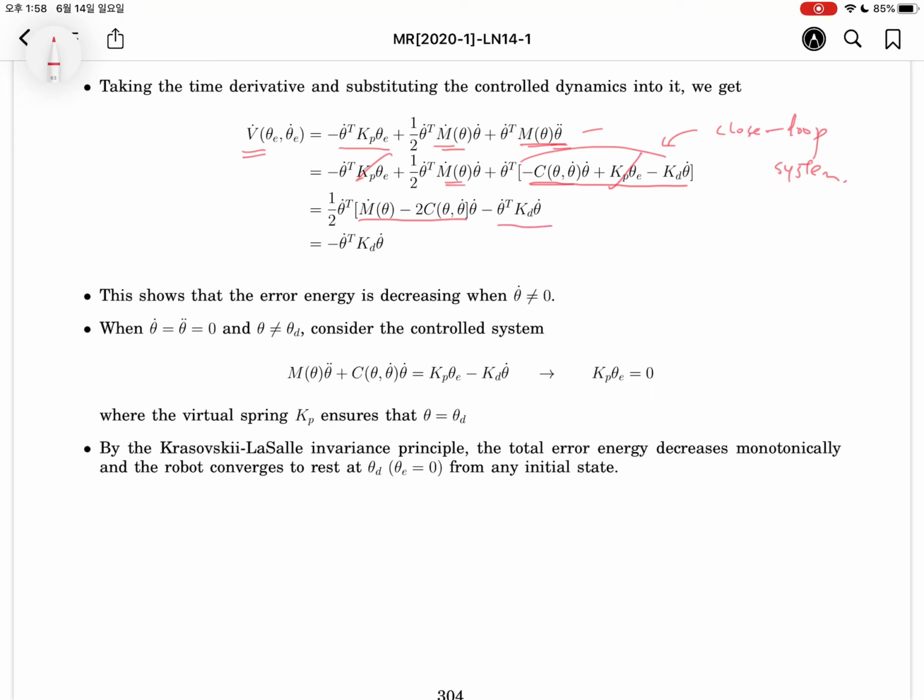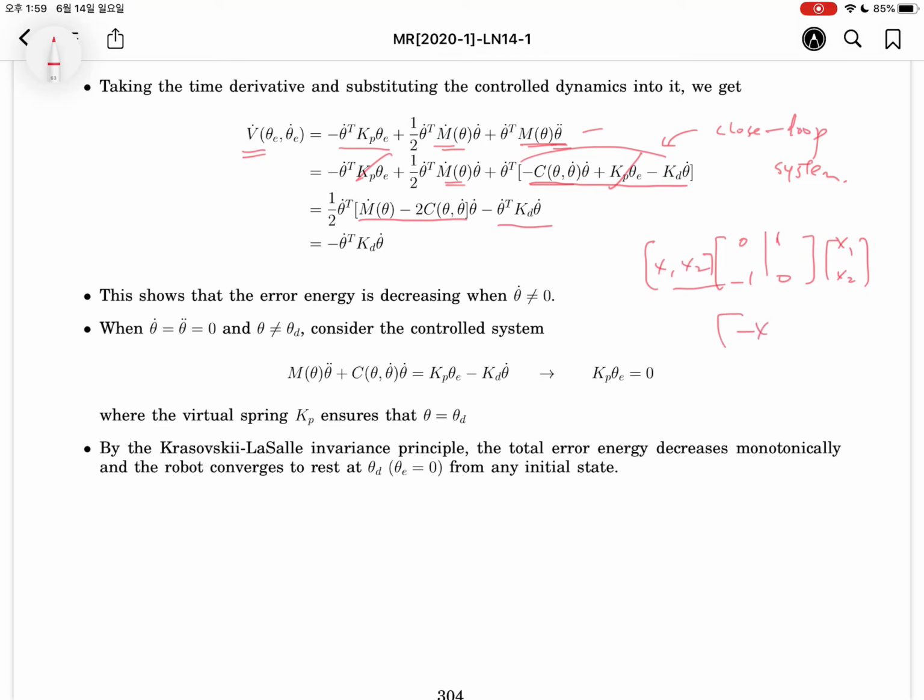In chapter 8, M dot minus 2C is skew symmetric. Skew symmetry implies the zero diagonal term, and the off diagonal term has the negative sign. Let's apply x1 and x2. Let's calculate it.